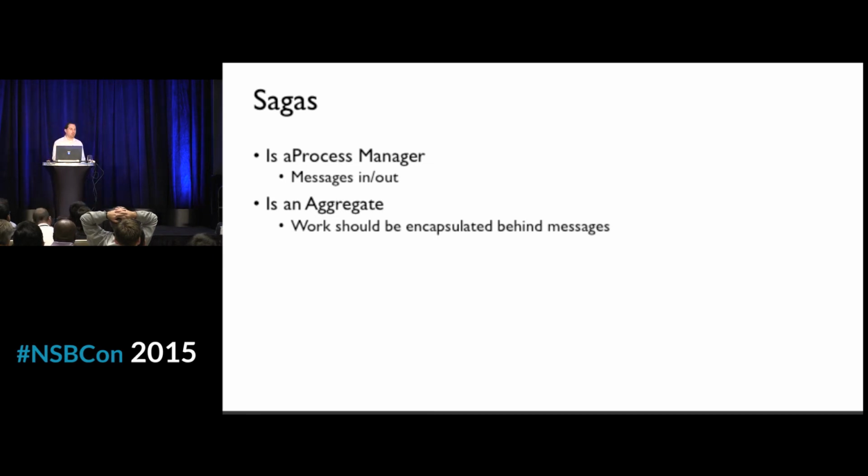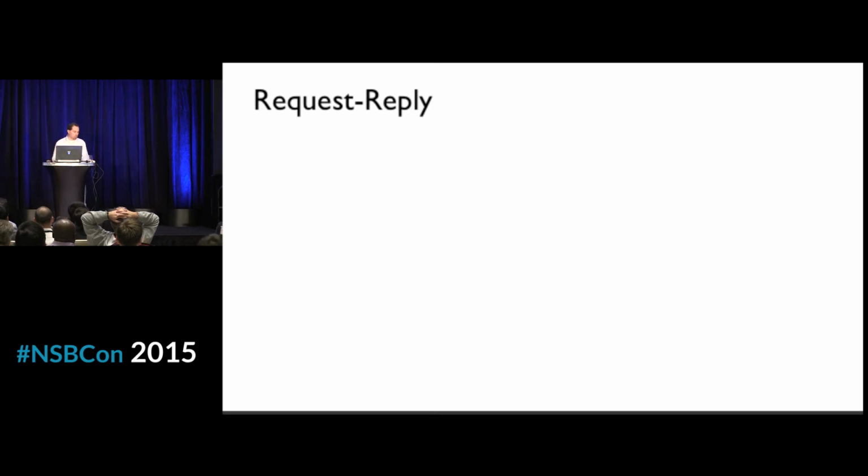If it needs to be aware of something or do some work, that needs to be encapsulated behind a message. So if our Saga needs to be aware of all these updates being completed, it needs to be told that. A good pattern for this is the request-reply pattern, which works well when you're communicating in a style of like a conversation. So I tell you to do something, then you reply back with a response.